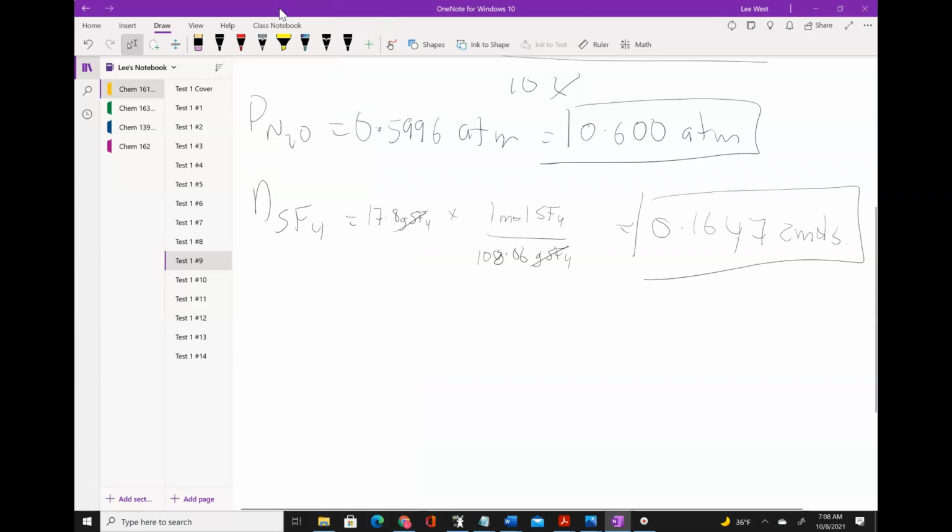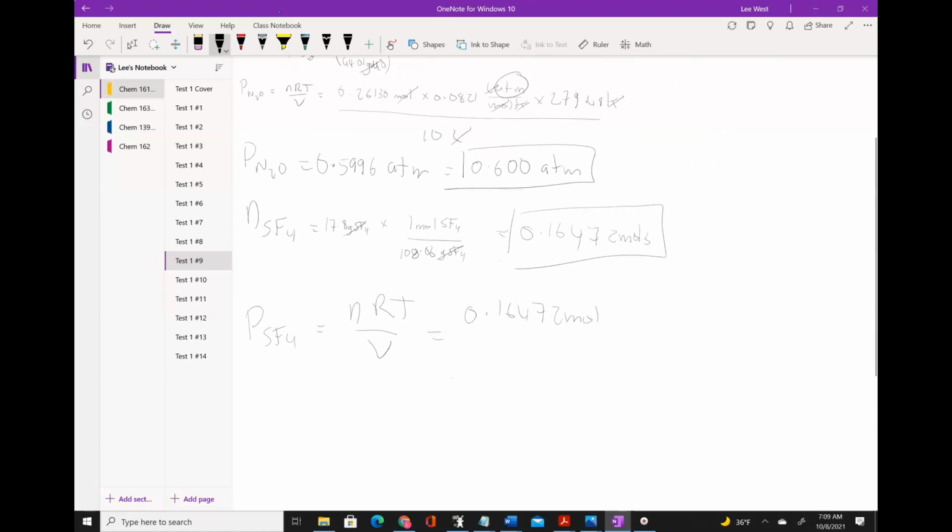Now we're ready to calculate our pressure of this gas. Remember, it's going to be nRT on V. So we just did our n, 0.16472 moles. Our R, 0.0821, that's the ideal gas constant.